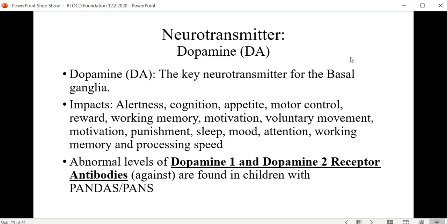Now, dopamine is, I mentioned, the main neurotransmitter of the basal ganglia, and it impacts all sorts of parts: alertness, cognition. I'm not going to read it all. Voluntary movement. This is why Parkinson's is a big issue here. And in brains of children who have PANDAS, there is a measure in one test that actually measures the receptors of the dopamine.